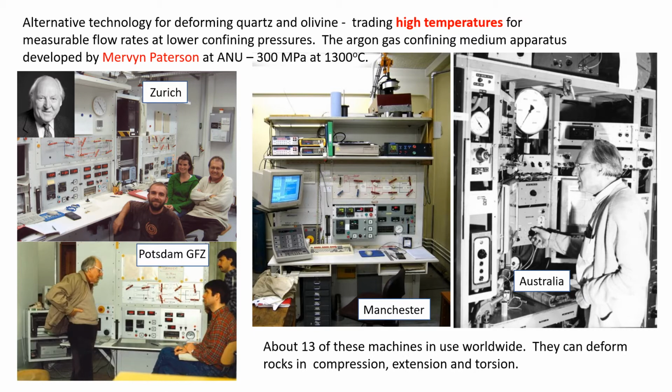By 1990, he went into commercial production together with Anutech, which is the commercial arm of the Australian National University. And the first such Paterson machine was installed in Manchester in 1990, and now there are about 13 of these game-changing machines installed worldwide.